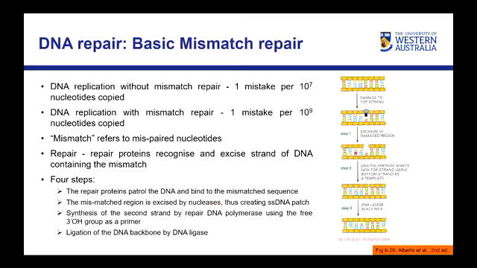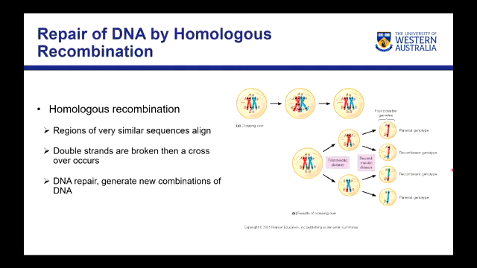Nucleases degrade or chew the DNA, and it creates a single-strand DNA patch over here. So then, synthesis of the second strand by repair DNA polymerase, using the free 3-hydroxyl group as a primer. So it uses this as a primer to repair this damage here. And then once it's added the correct base, DNA ligase comes along and seals that nick. So that's how DNA mismatch repair works.